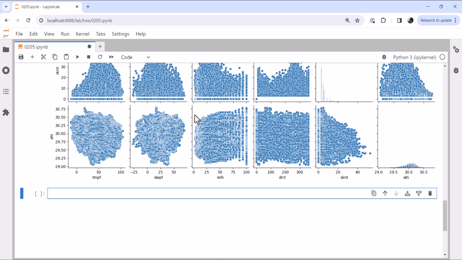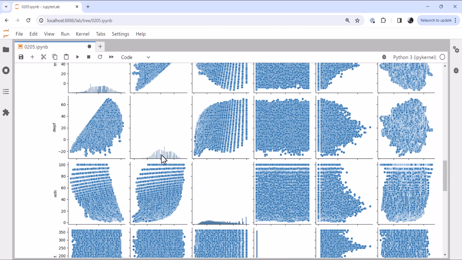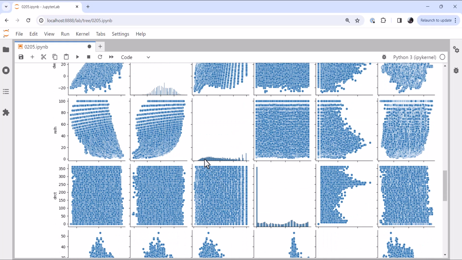Okay, so our plot has rendered, and let's look at what we've got. So here are those histograms along the diagonal. That's a good place to start. Temperature, we've got a relatively normal distribution, one little spike here that could be interesting. Dew point, sort of a bimodal distribution, another spike. Relative humidity, a very high proportion of 100% readings, it looks like.